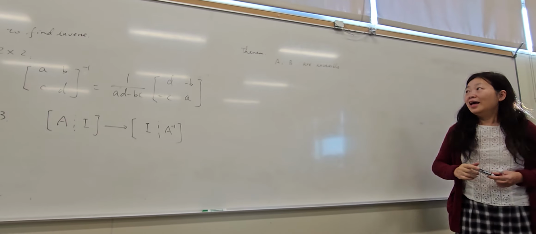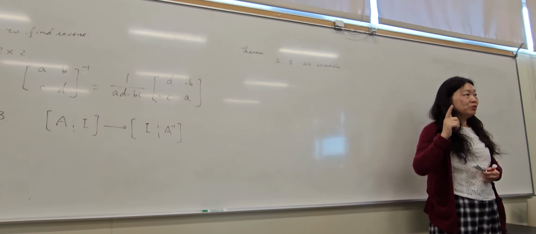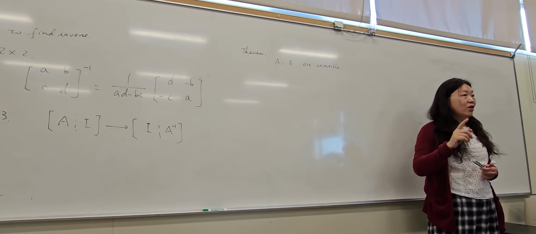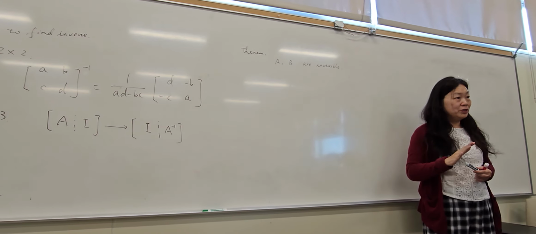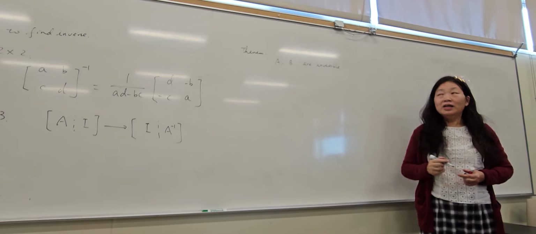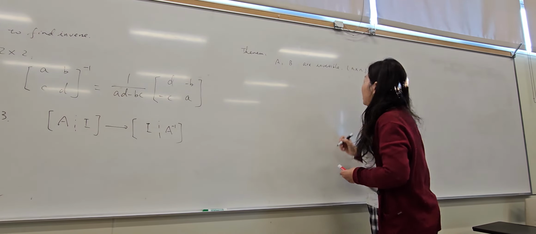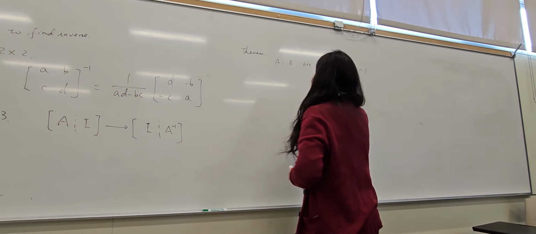If they're invertible, that means they have an inverse, and most important, they have to be square matrices. Only square matrices can be invertible, but not all square matrices are invertible. You guys follow me here? So this tells you these are n by n matrices.